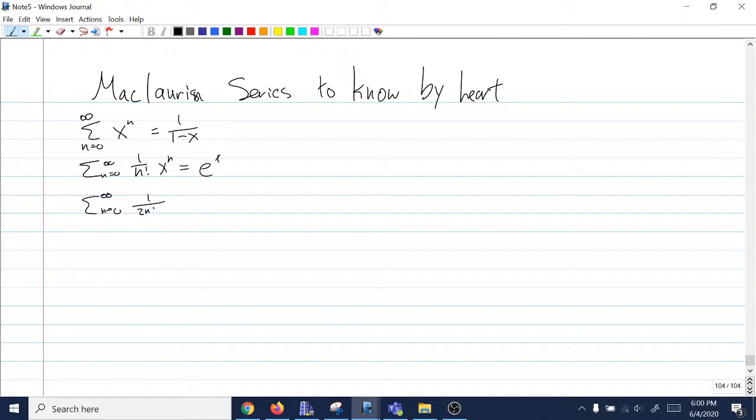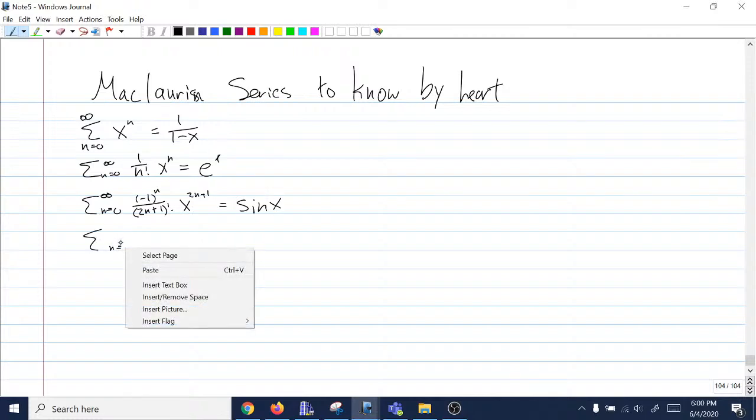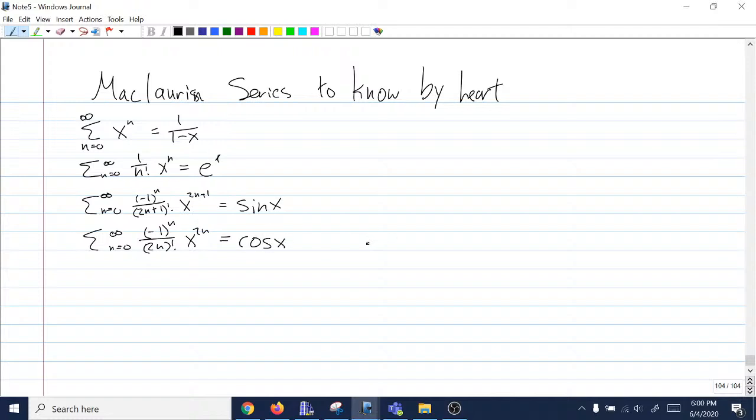If you have 1 over 2n plus 1 factorial x to the 2n plus 1, if you only use odd terms and make them alternate, you get sine x. If you only use even terms, so instead of 2n plus 1 you use 2n, this turns out to be cosine x. e to the x is 1 plus x plus half x squared, 1 over 6 x cubed, and so on.